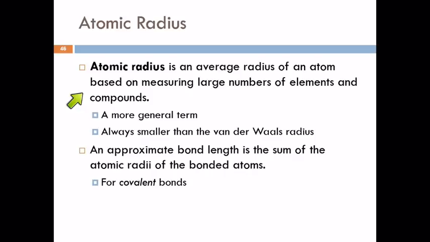This is what we're going to talk about when we talk about the size of atoms. And we can estimate approximate bond lengths by looking at the sum of the atomic radii of the bonded atoms. So if you have a carbon atom bonded to a hydrogen atom, we can approximate that bond length by adding the two radii together.